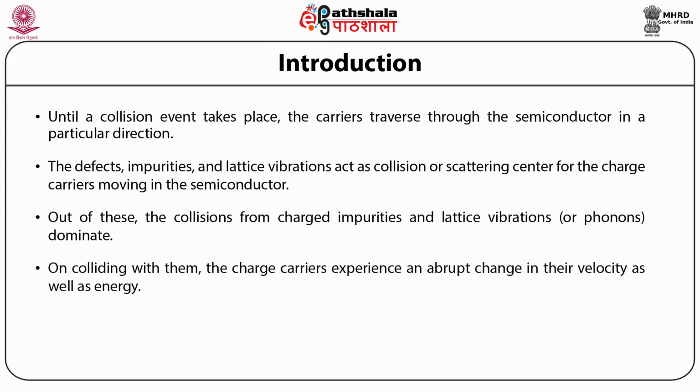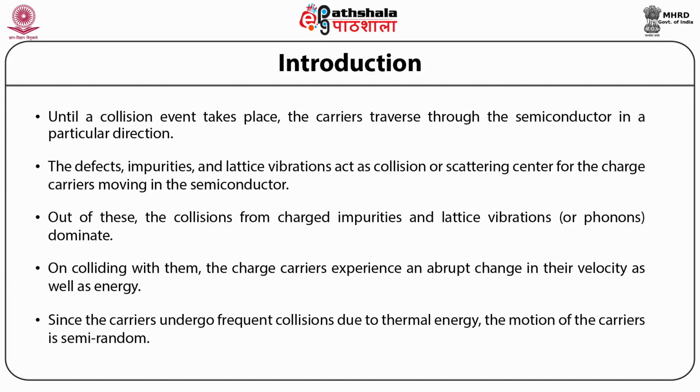On colliding with them, the charge carriers experience an abrupt change in their velocity as well as energy. Since the carriers undergo frequent collisions due to thermal energy, the motion of the carriers is semi-random.